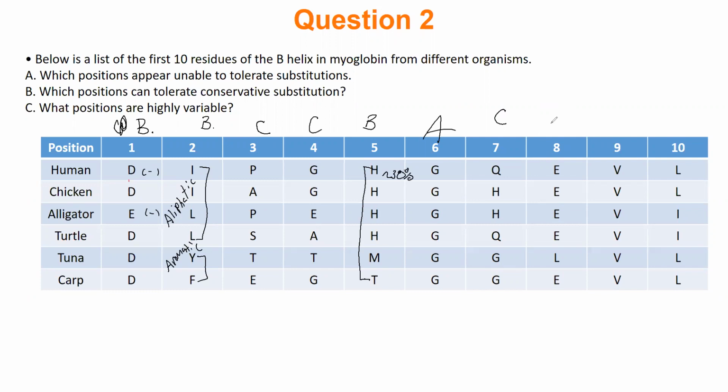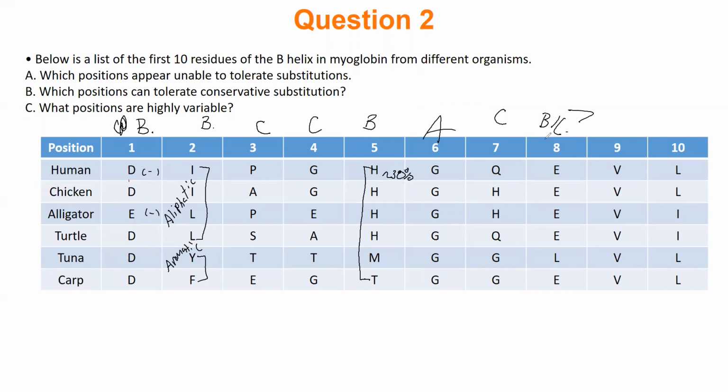Position 8 is probably the hardest one, because it's all negative and then one L for tuna. It depends on how you want to debate that. You could say it's highly variable, but I don't know if I would be comfortable with that because you see so many E's. So it doesn't look to be highly variable.